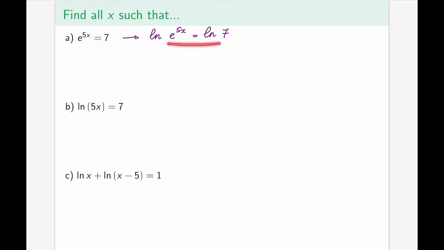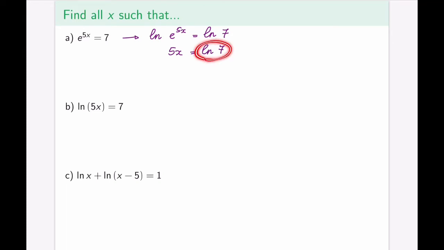And now I'm going to simplify what I can within the logarithm. Now, one of the laws, what we called the cancellation law, says that if I have a logarithm and the exponential function inside, the power of the exponent will come down. So overall here, on the left-hand side, I will end up with simply 5x. And on the right-hand side, I have the logarithm of 7.